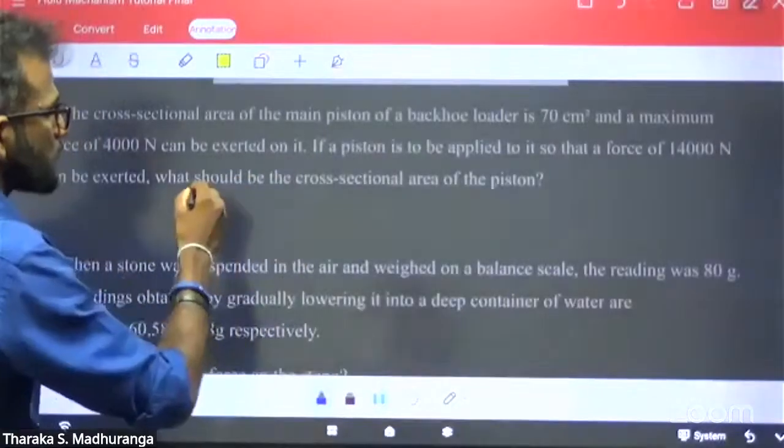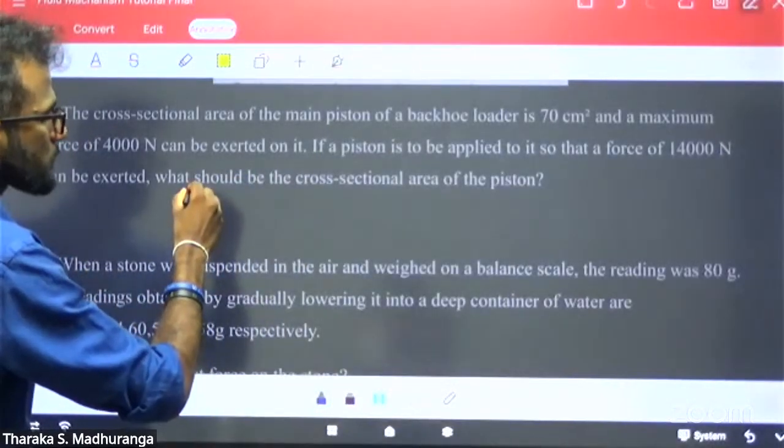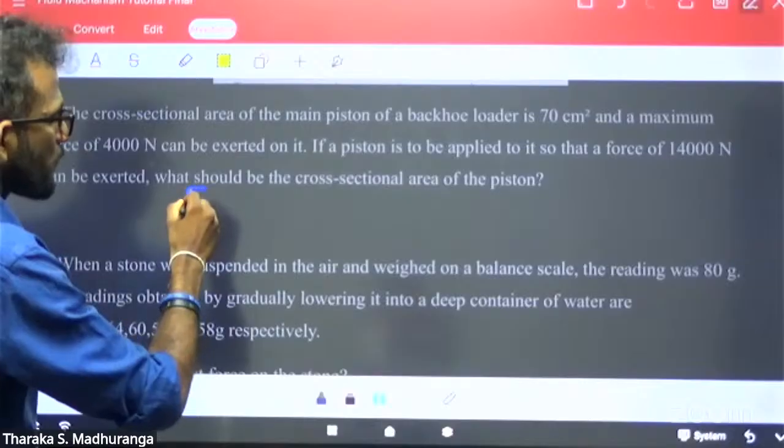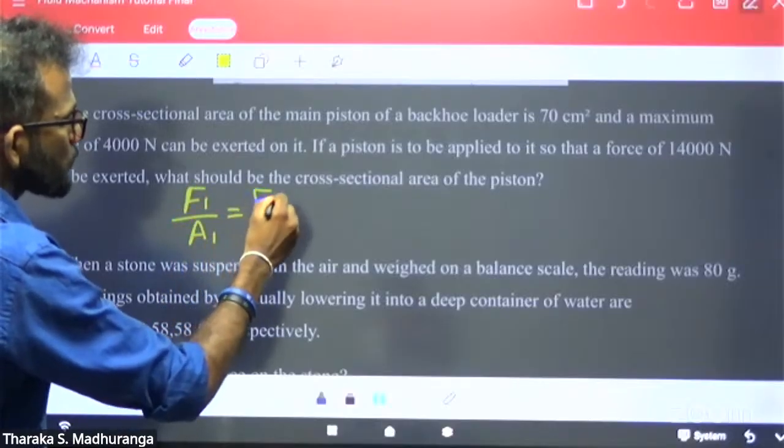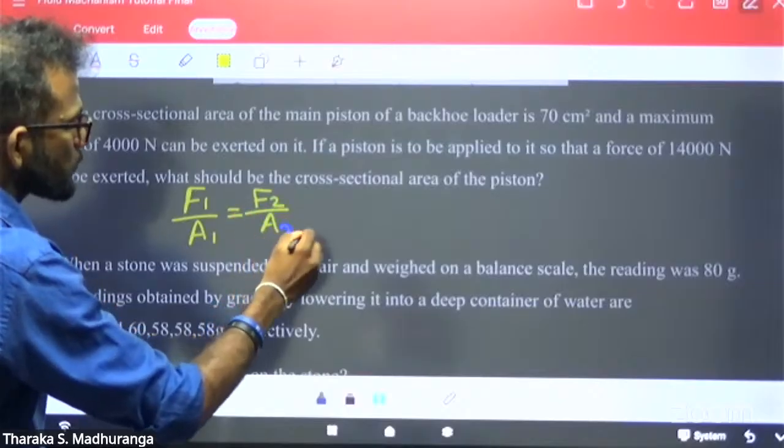Pressure transmission: F1 over A1 equals F2 over A2.